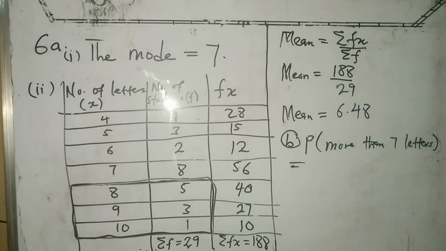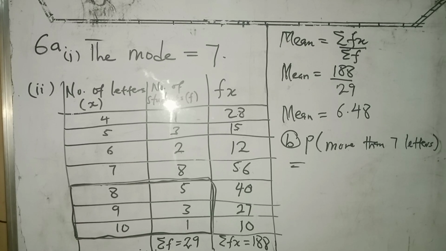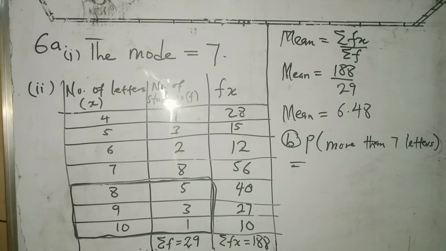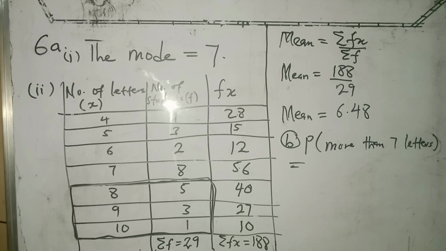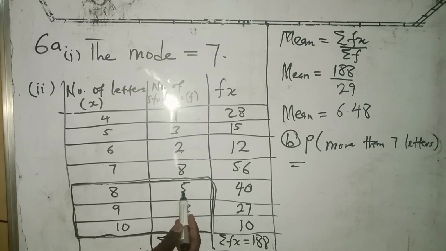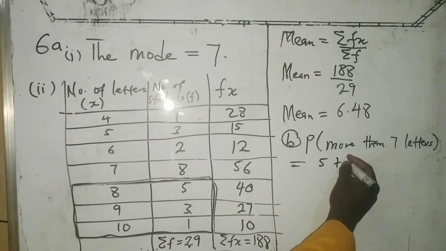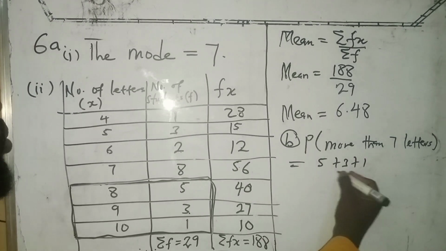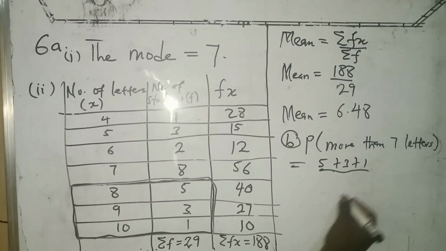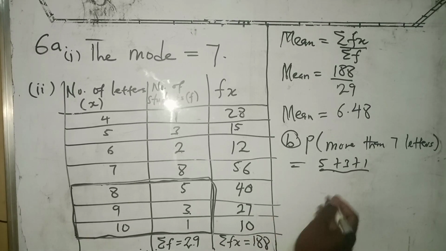The probability of letters that are more than 7 will be equal to the number of students whose surname contains more than 7 letters, and those numbers of students are 5, 3, and 1. So we add them together: 5 plus 3 plus 1 divided by the total number of students in the class. And the total number of students in the class is the sigma f, and that will give us 29.